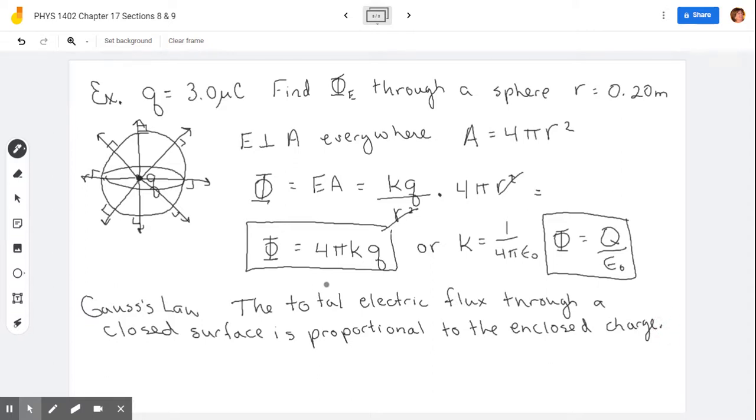Now, the constant of proportionality can be written as 4 pi k, or the constant of proportionality can be written as 1 over epsilon naught. Doesn't matter. Either way, it's directly proportional.